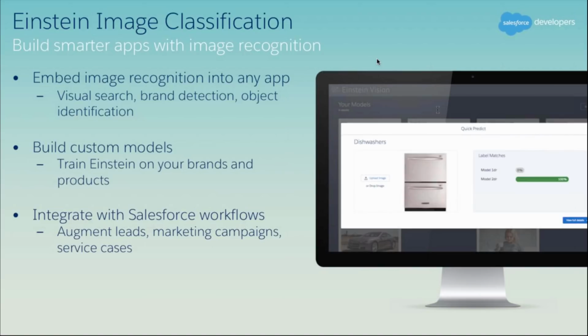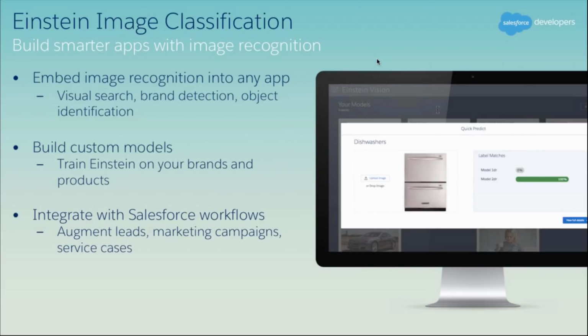So what is Einstein Image Classification? Einstein Image Classification is the first computer vision service that Salesforce launched. What it does is make it very, very easy for customers to build custom models that fit their use case. You simply decide what you want your model to do.